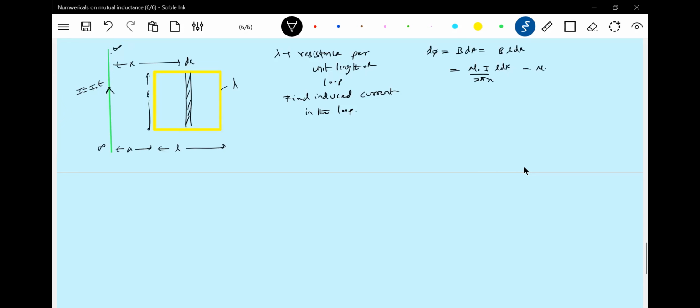So further, this is mu naught I L by 2 pi, dx by x. The limit will be A to A plus L.